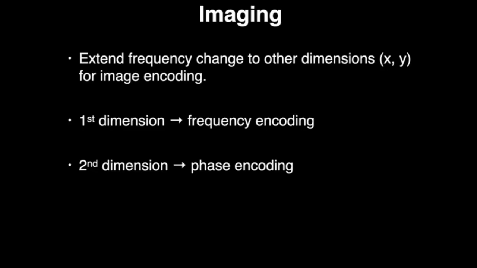It's a bit of an abstract jump, but if you bear with me, hopefully this will make more sense as we go through the next few slides. In the previous slide, we just excited three slabs of tissue in the subject.